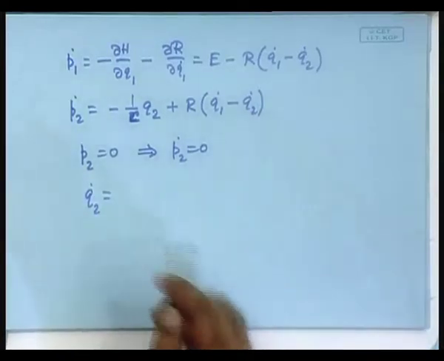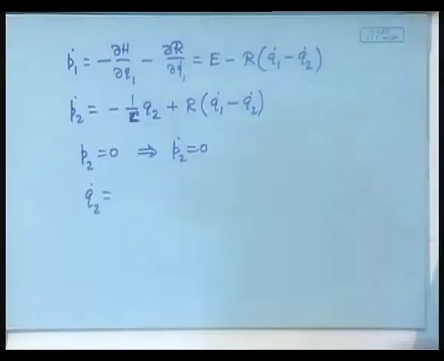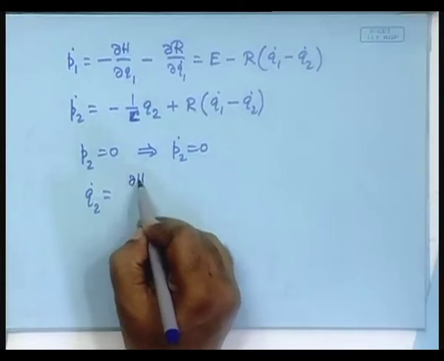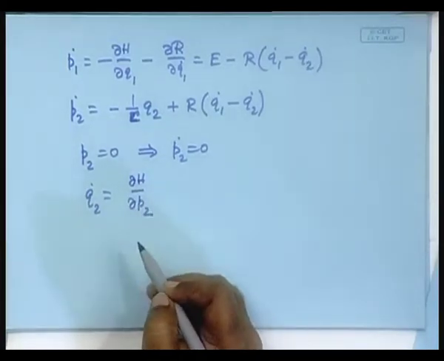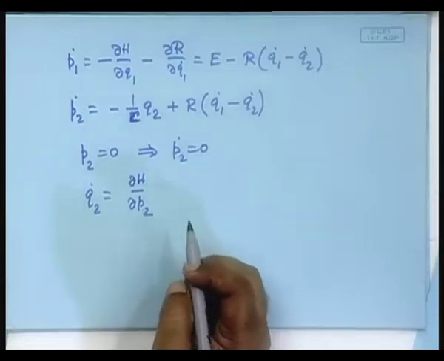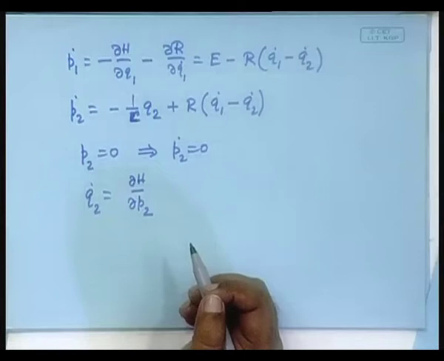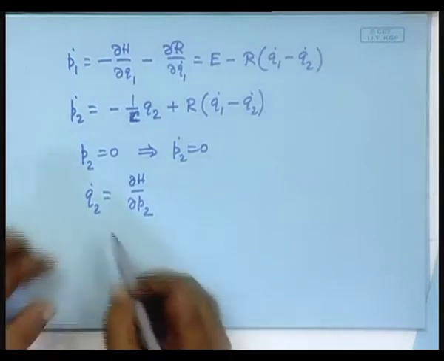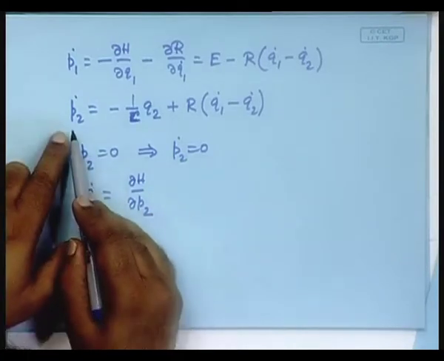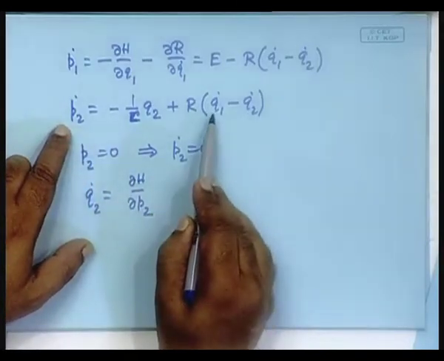Wait, we could not extract it from here. Q2 dot is the derivative of the Hamiltonian with respect to P2. So, how do you write it? Yes, this will not give it. Here this will be 0, we know this, and therefore this is obtained.